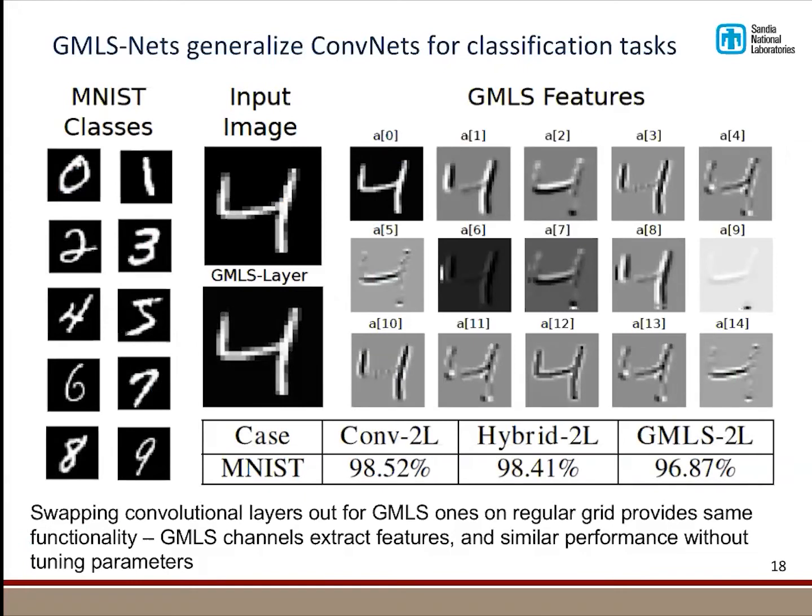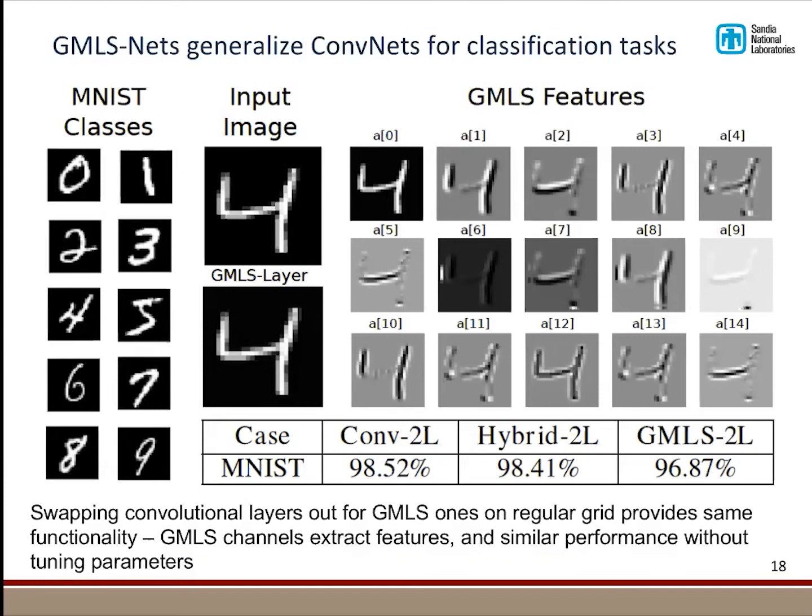So to start off, we want to use this to do scientific machine learning, but to back up the claim that this actually does generalize convolutional networks, you can take data from MNIST and you can apply GMLS to that.